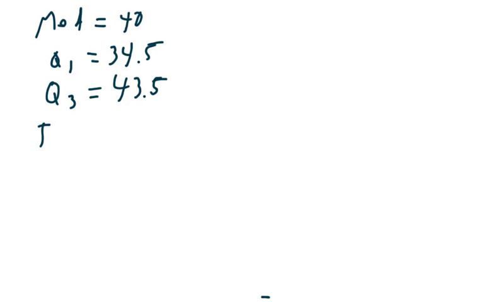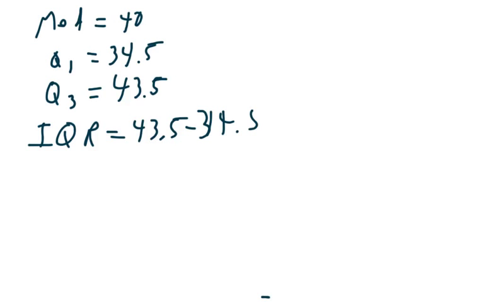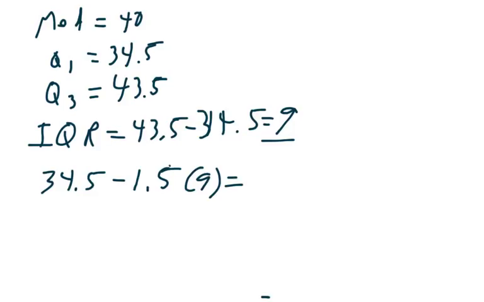Which means the IQR is equal to 43.5 minus 34.5, which is equal to 9. So for the low end, 34.5 minus 1.5 times 9, and 1.5 times 9 is equal to 13.5, which gives 21.